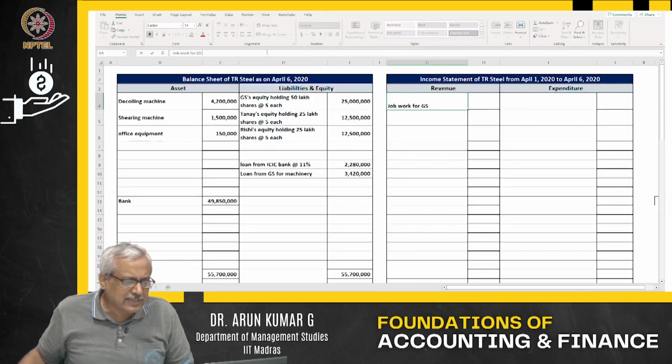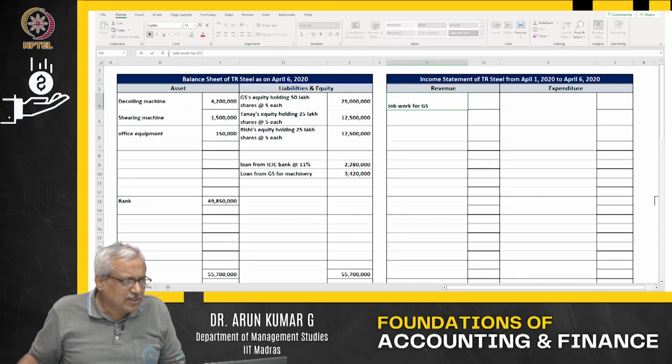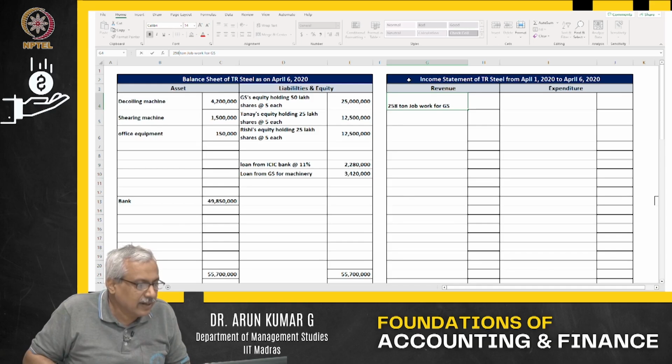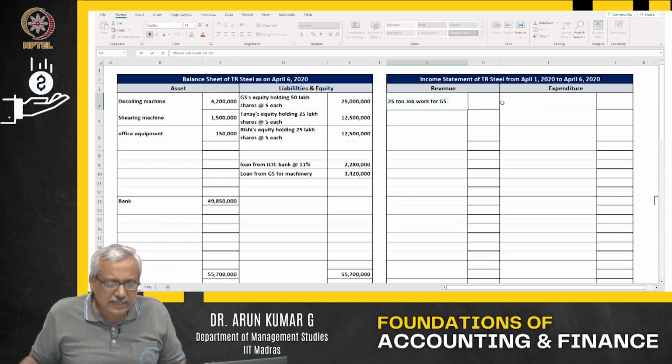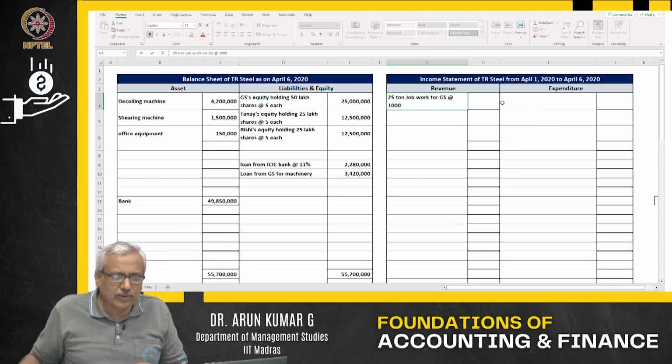Job work for GS for 25 ton. Let me write 25 ton job work. I think 258 it became, so let me just correct that. 25 ton job work for GS at 1,000 per ton.